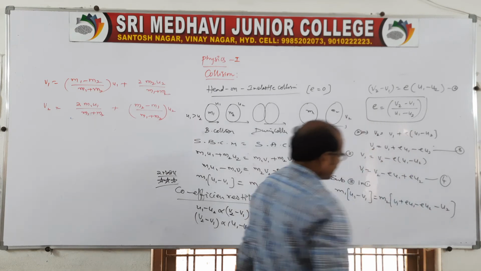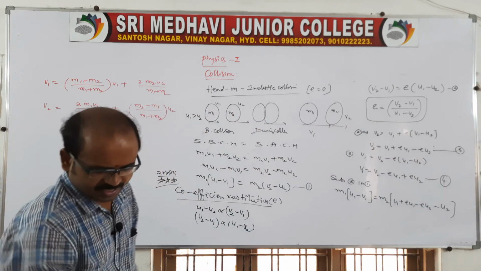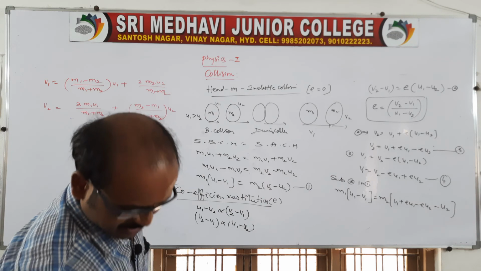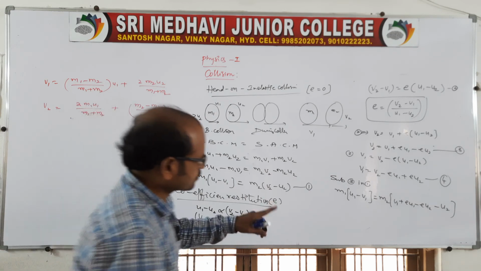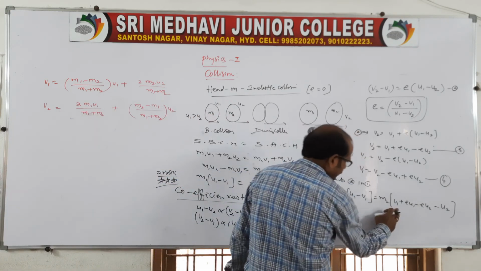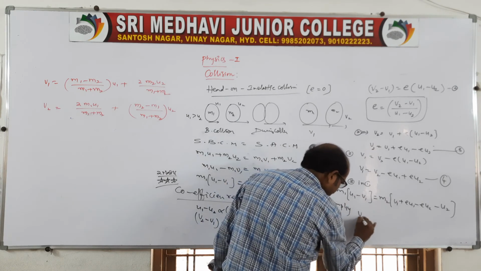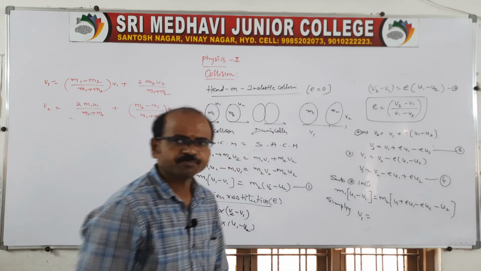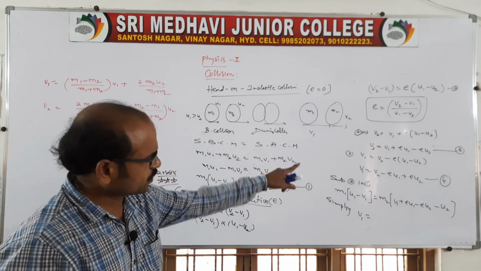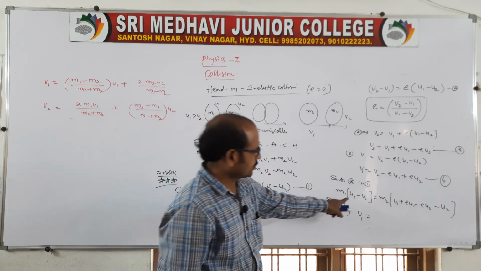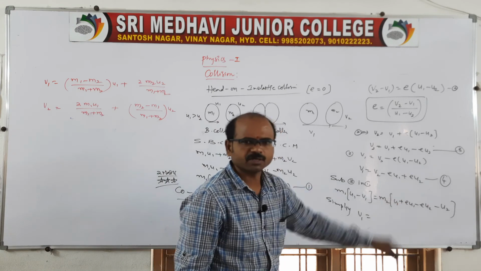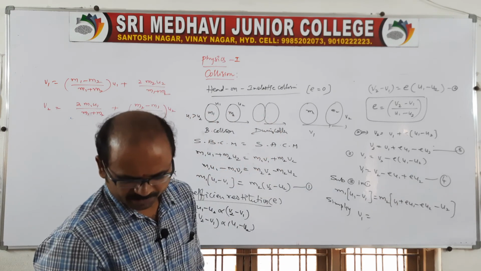Of course, again here we have to do the simplification. After simplification, the expression becomes completely in v1. After simplifying, v1 is equal to, I am directly giving now. Suppose you want the derivation, you multiply m1 u1 minus m1 v1 like that, and you will get the v1 expression like this.